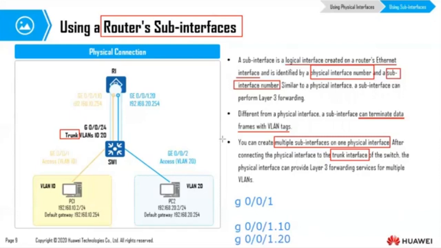But we are saying sub-interfaces can process VLAN tags. So that means that the interconnection between the router and the switch has to be configured as a trunk port. A trunk port. So don't forget that. They have to be configured as a trunk port. Okay.